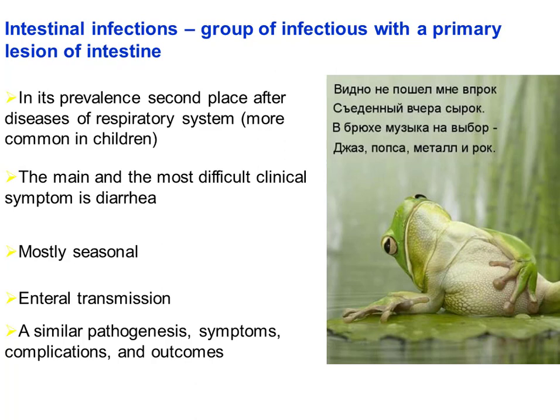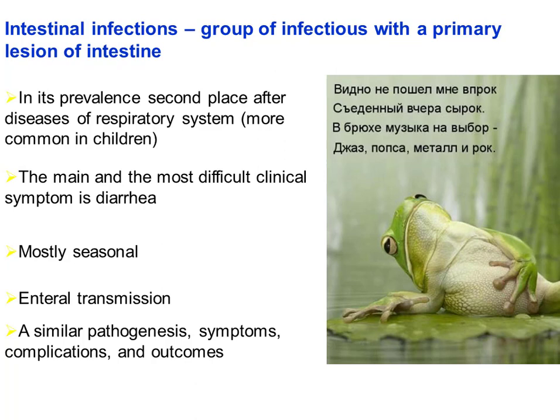The mechanism of transmission is fecal-oral. The routes of transmission are contact-household, with the possibility of transmission through dirty hands and household items; water, by drinking infected water; and food, by eating infected products. These transmission routes determine the seasonal prevalence, summer and autumn, and the potential patients, very often children and the socially vulnerable stratum of the population.